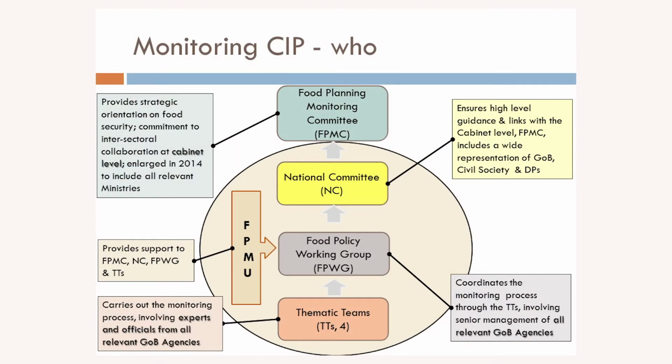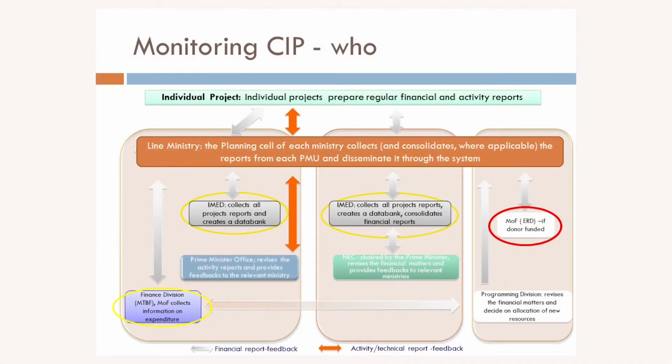As I said, thematic teams are composed by experts and officials, while the food policy working group, the second from the bottom, coordinates the work and is composed of senior managers. The national committee is composed of, at cabinet level, and then the food planning monitoring committee again is at cabinet level and the highest of the different ones.